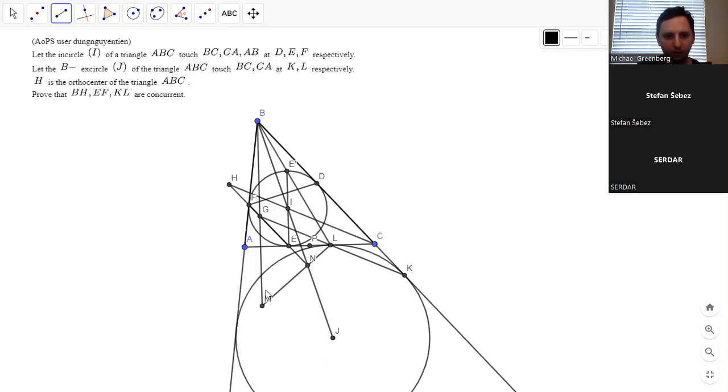Oh, actually, we know that DE is perpendicular to HC, but we don't know it is perpendicular to GL. So we need to prove that ME and D are collinear.